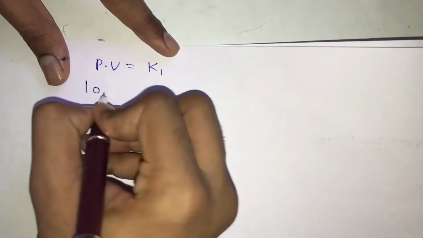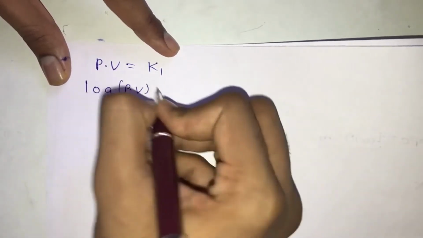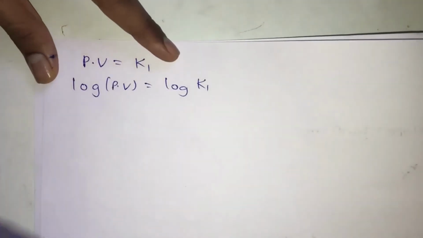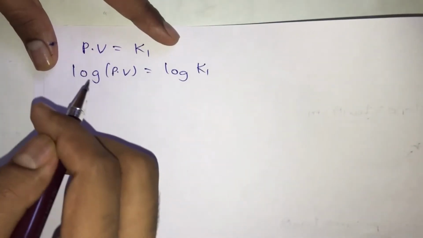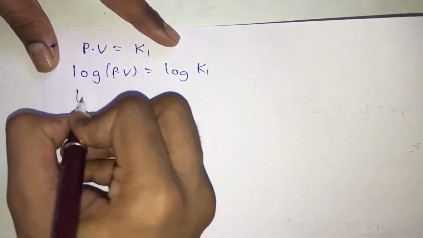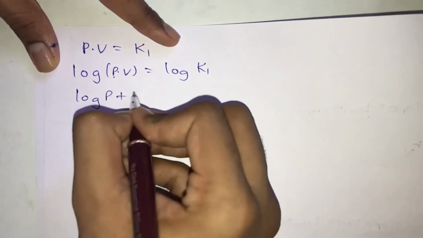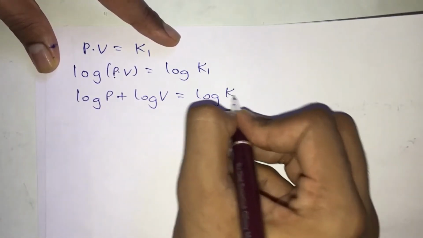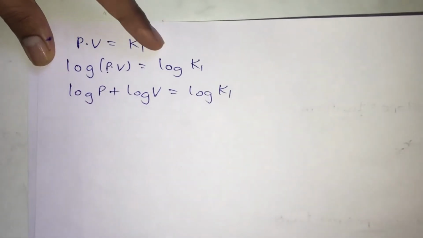Now what I am going to do is take log on both the sides. So log of P into V is equal to log of K1. And as we must know, the property of log is that whenever two numbers are multiplied, we can separate them as log of P plus log of V. And as it is, I am writing log of K1.